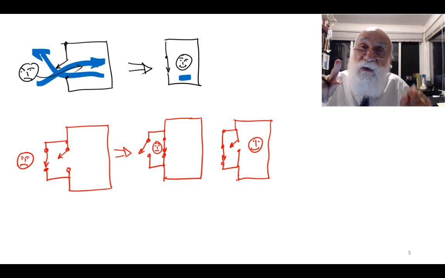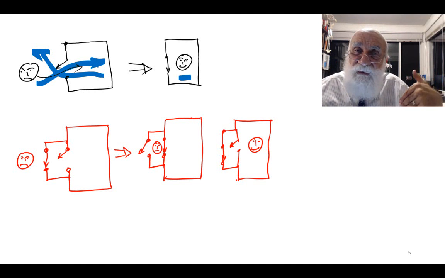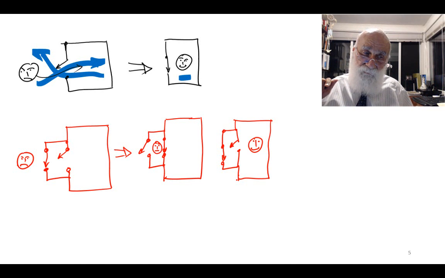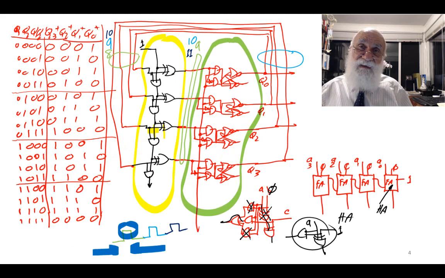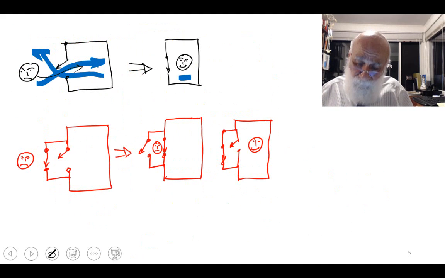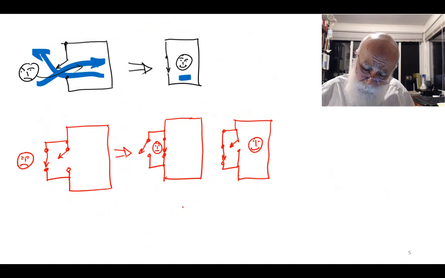What did I do here? In order to eliminate transparency of the air, I used two complementary doors. Why not do exactly the same thing in place of these transparencies that I have here. So that's what I'm going to do. I'm going to take a cross-coupled latch, just like what I did before.